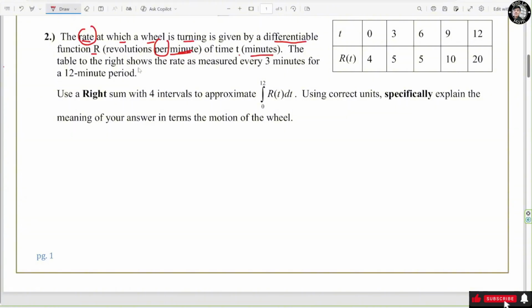The table to the right shows the rate as measured every 3 minutes for a 12-minute period. Use a right sum with 4 intervals to approximate the integral from 0 to 12 of r(t) dt. Using correct units, specifically explain the meaning of your answer in terms of the motion of the wheel, right?